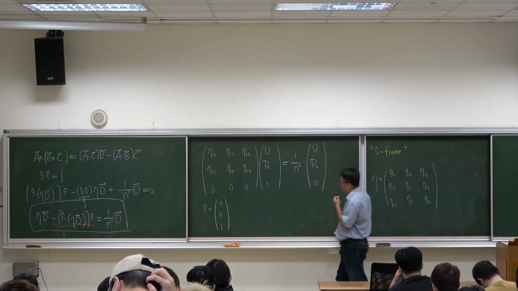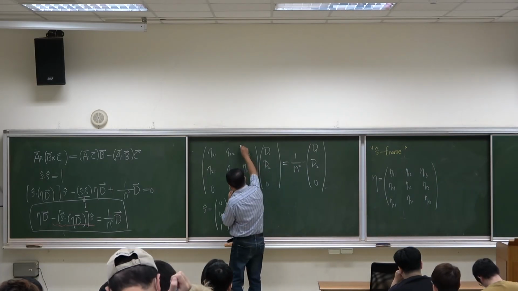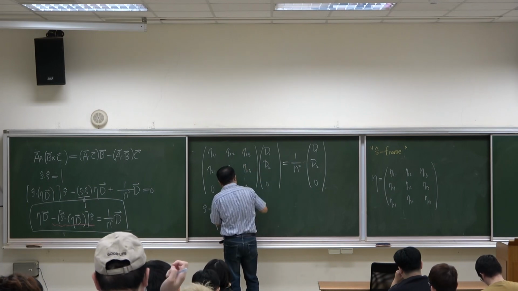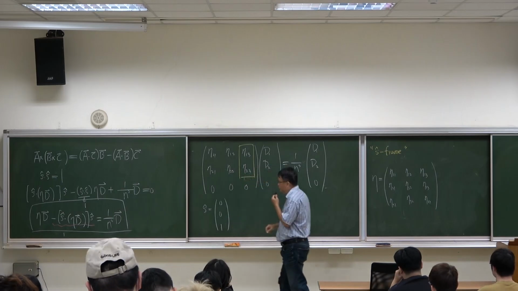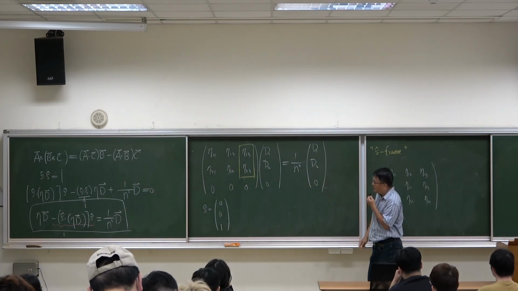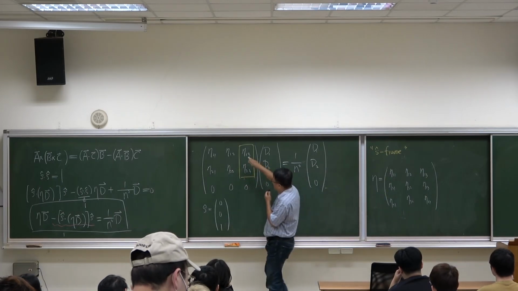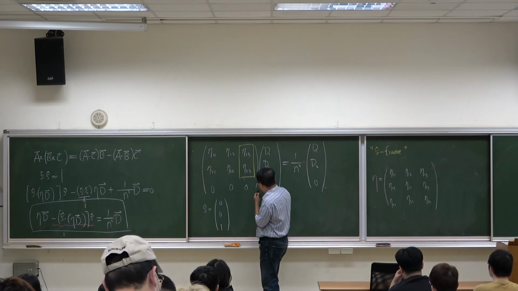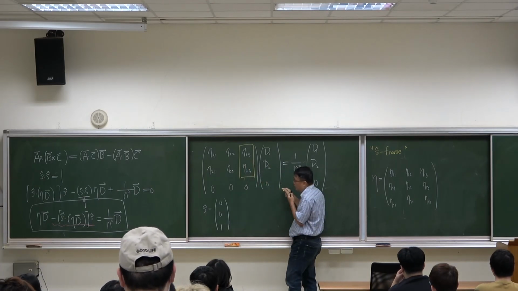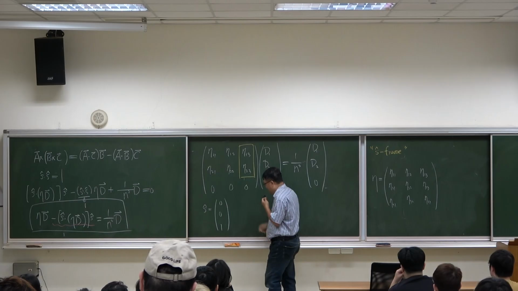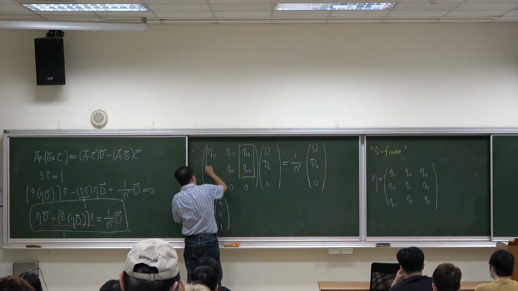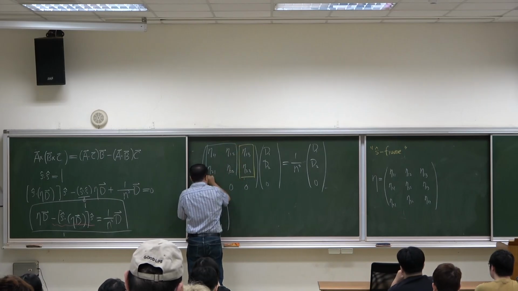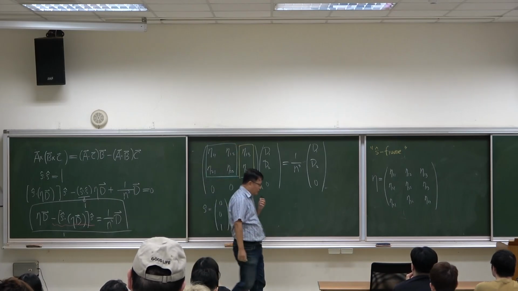And you see that now these two components of eta matrix are useless because they multiply 0 to get 0. So the useful part of this eta matrix are in fact only this 2 by 2 matrix.